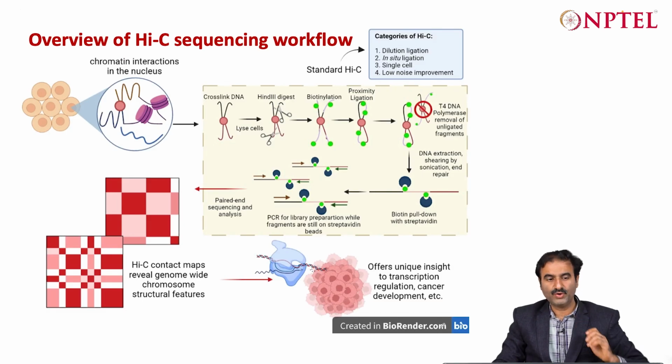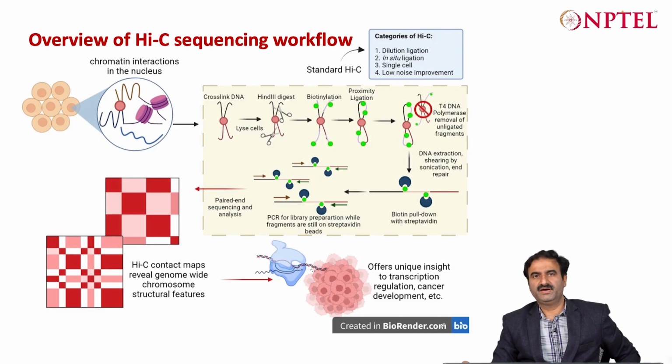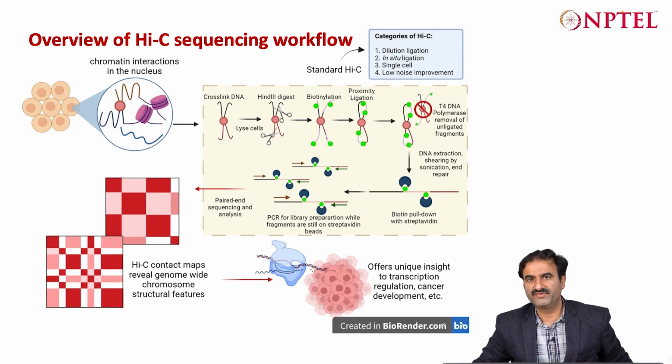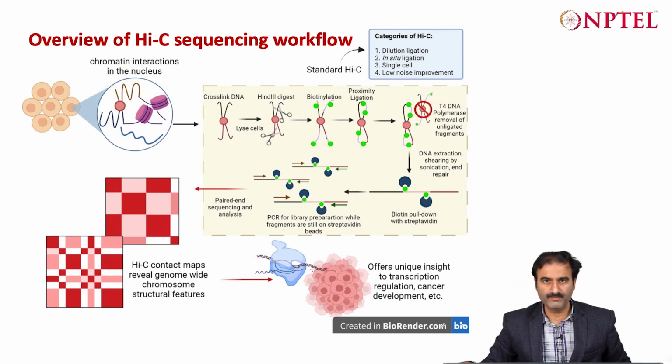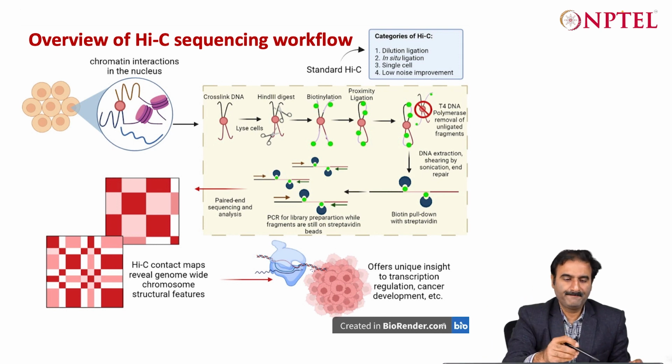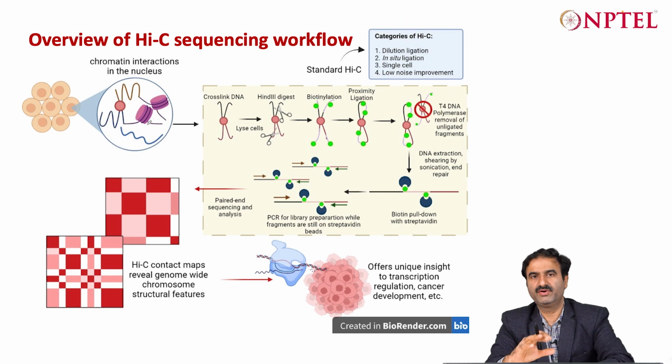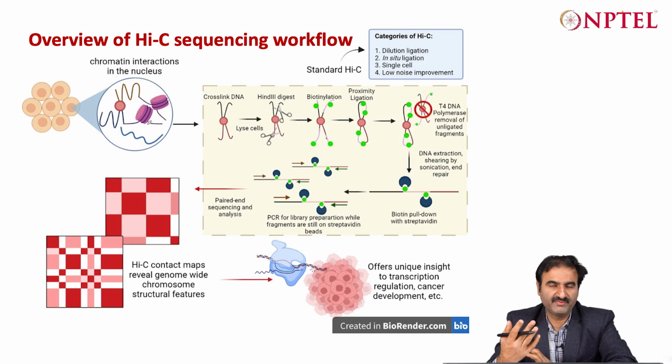Now this is the overview of the Hi-C sequencing technology, which is trying to capture long distance association. In a cell, the DNA is organized in the form of chromatin, basically nucleosomes and some free DNA. DNA is wrapped around histones to form nucleosomes.